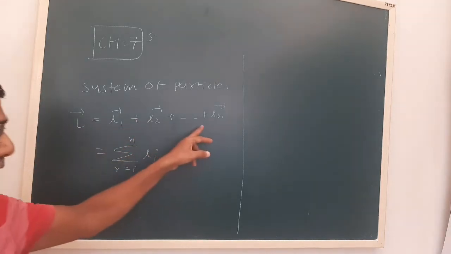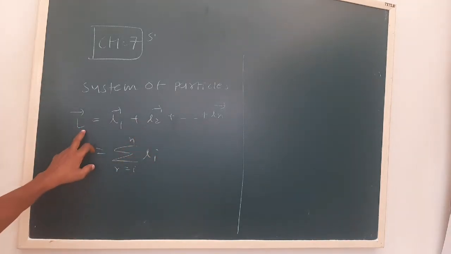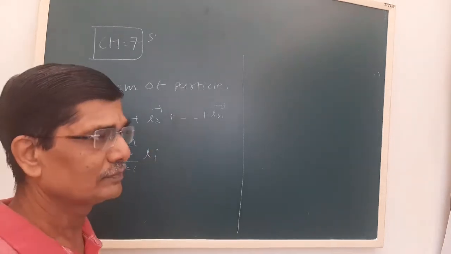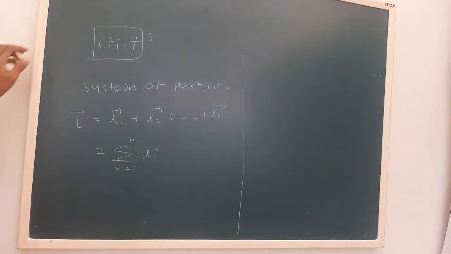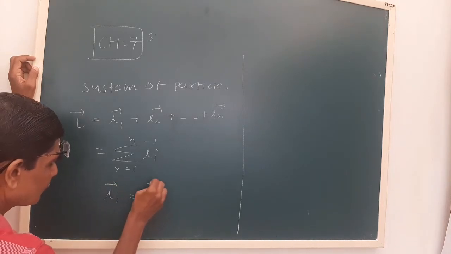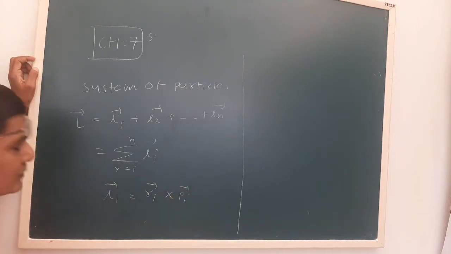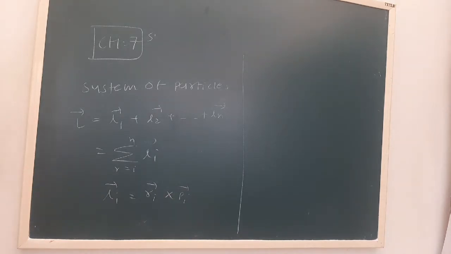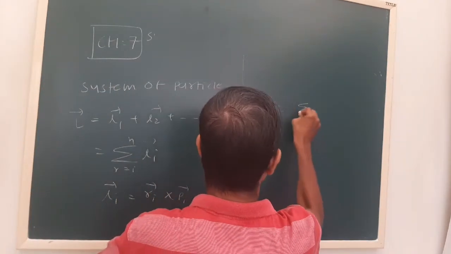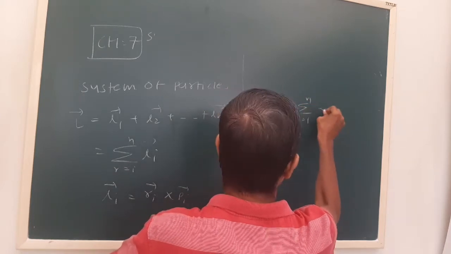Now L is equal to r cross p, so the angular momentum of the ith particle we can write as ri cross pi. So the total angular momentum is the sum from i equal to 1 to n of ri cross pi.